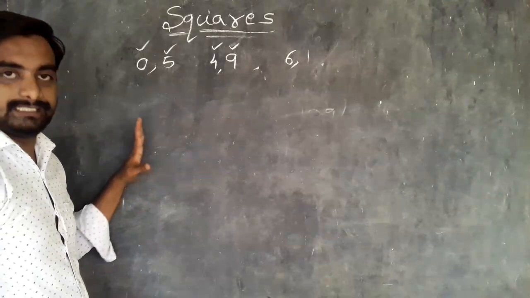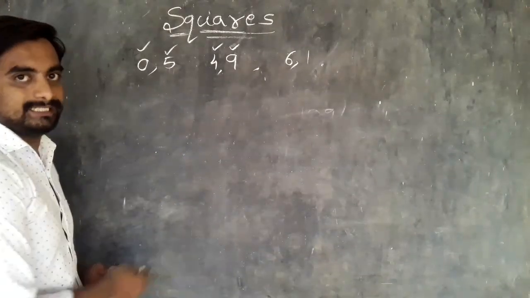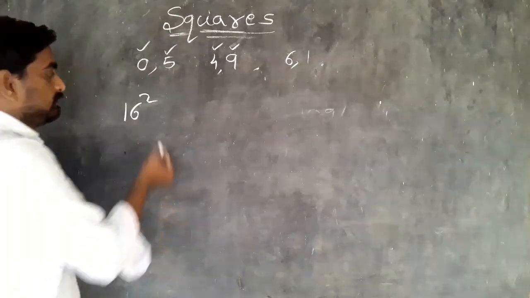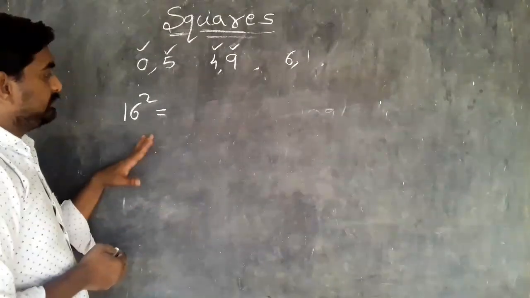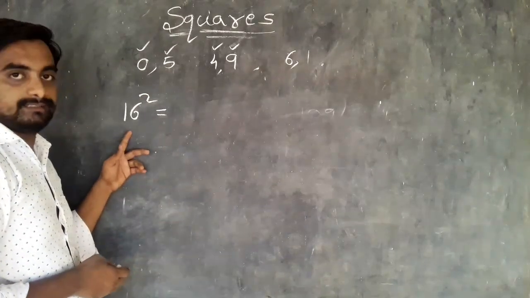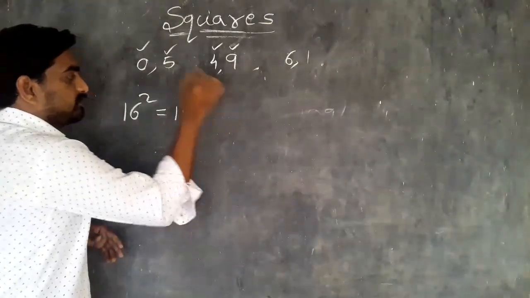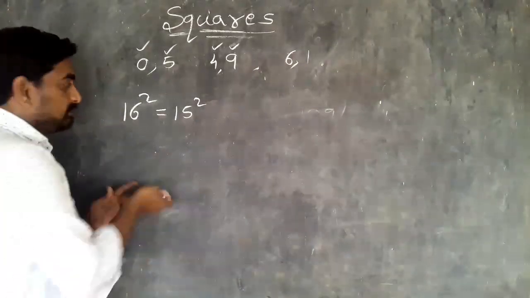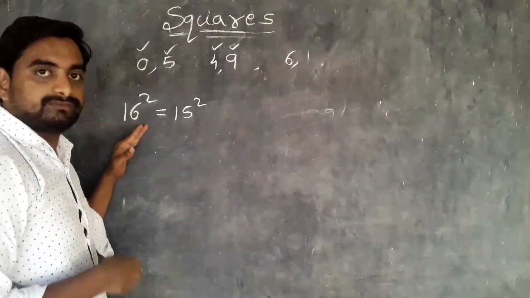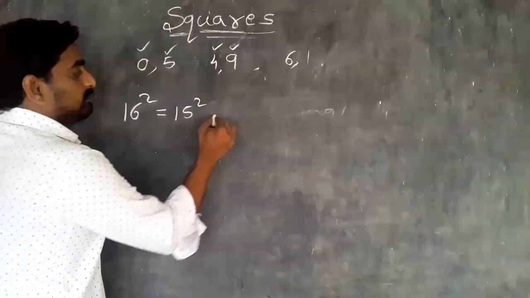Okay friends, now we see 6 ending numbers. How can we write squares easily? So 16 square is the first, a double digit number. The nearest 0 ending or 5 ending number that is easy is the 5 ending number, 15 square. See here, it's a smaller number than 16, so we add.